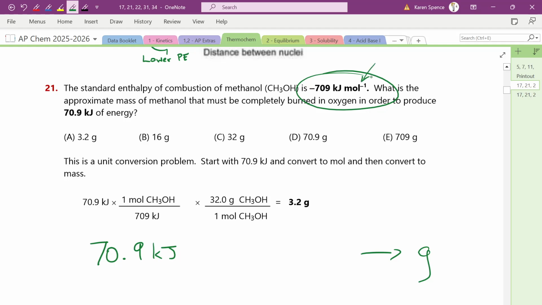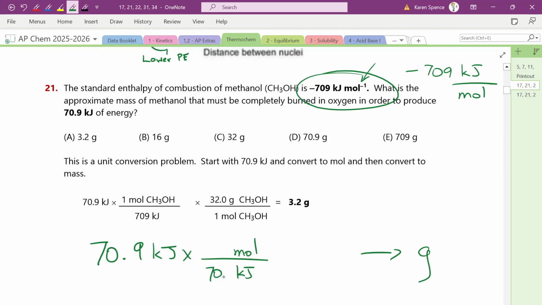Now, do you guys remember what that mole to the -1 means? It means per. Yeah, it means divide by. So that means -709 kilojoules per mole. So you now have a conversion factor to go between kilojoules and moles.